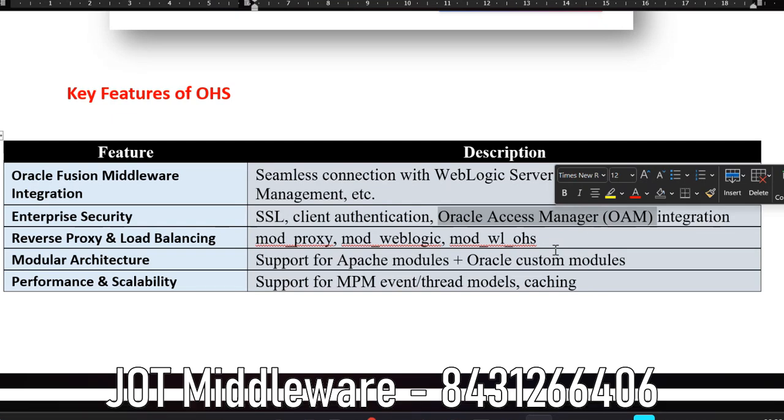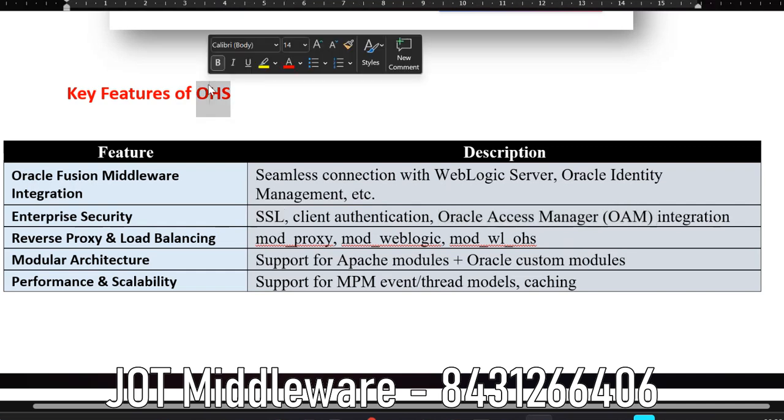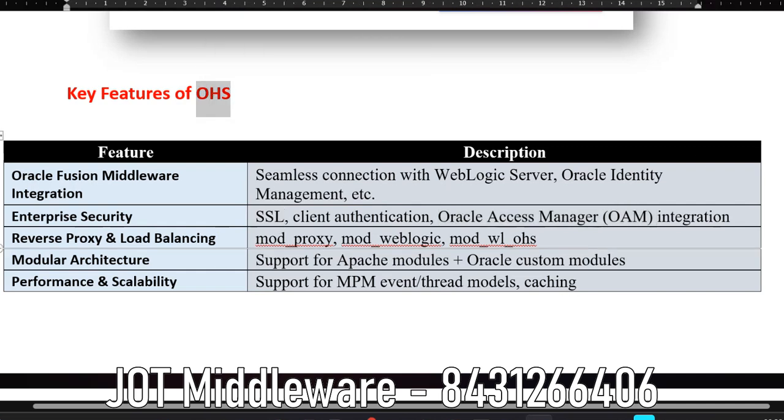This provides the SSO tokens to the client so that the single sign-on token can be used to access different services without logging in again and again with credentials to access different applications. So that feature is also provided with OHS.